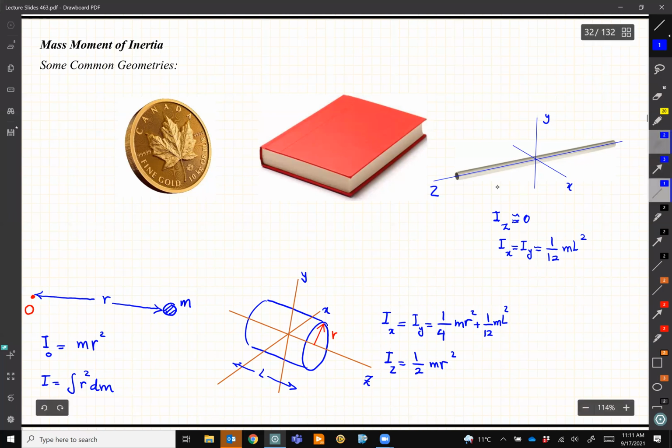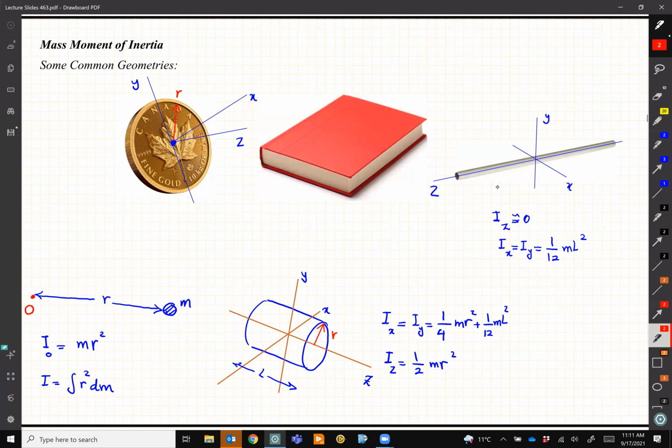And when we get to the disk, let's say the disk again, if I call this axis X, Y, and then Z is the normal at the center of the disk. So let's assume that it has a radius R, and the thickness of this one is something that we can ignore.